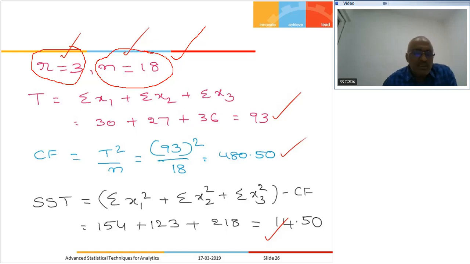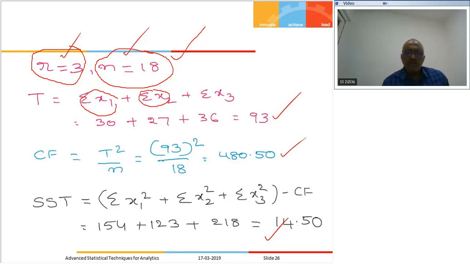CF is the correction factor, T is the total, and SS is sum of squares total. SSTR is sum of squares between the groups. T is the sum of the first group, second group, and third group.